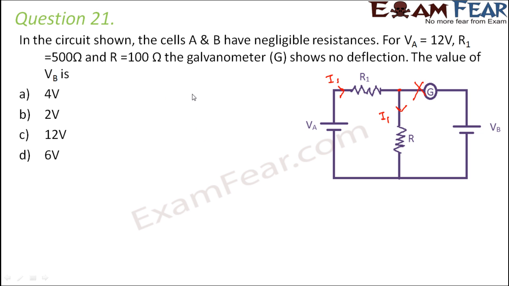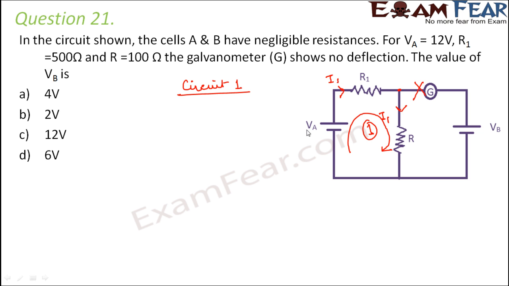Now let us use Kirchhoff's loop law for this circuit. So let us call this as our circuit 1. So as per Kirchhoff's loop law, what will we do? The first step is to assume any direction. So let's say that we assumed this direction, in the clockwise direction. So then in this circuit 1, the sum of the EMFs.